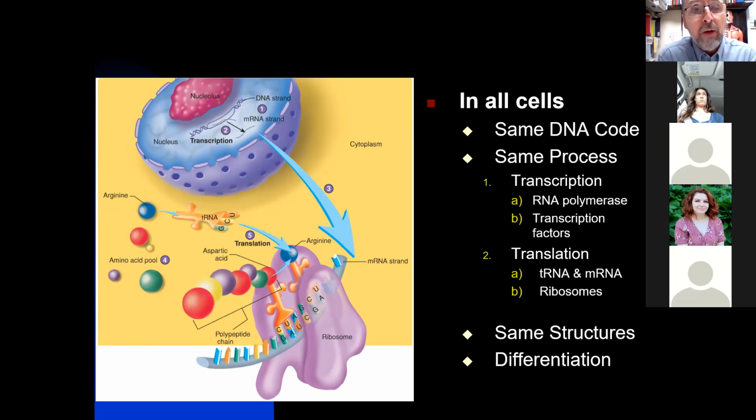Genes are copied in a process called transcription, where the enzyme RNA polymerase makes a piece of RNA, messenger RNA, that then goes out into the cytoplasm, and then translation happens. And in translation, that messenger RNA becomes associated with a ribosome and transfer RNAs, and the ribosome links amino acids together that are brought by the transfer RNAs. Okay, this is the same process in all cells. It's why all cells have a nucleus. It's why all cells have ribosomes.